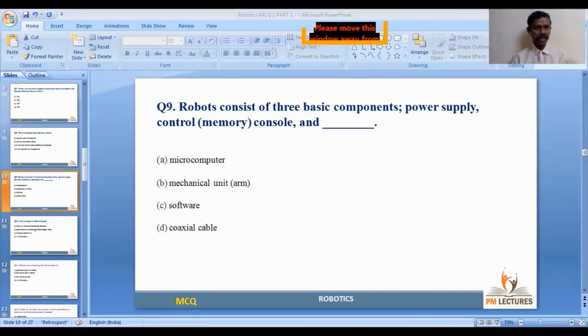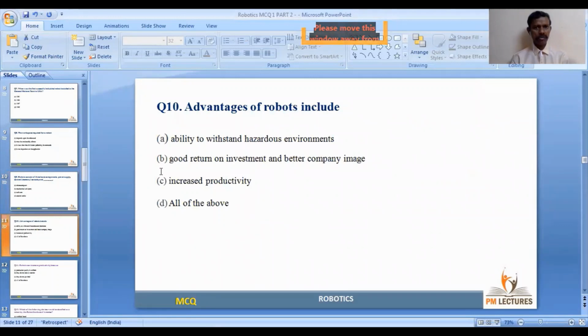And then we will move on to the 10th question. Advantages of robots include option A, ability to withstand hazardous environments. Option B, good return on investment and a better company image. Option C, increased productivity.